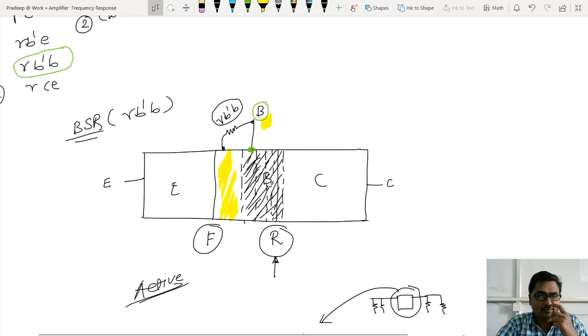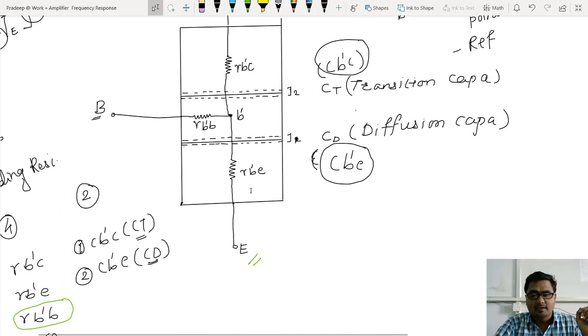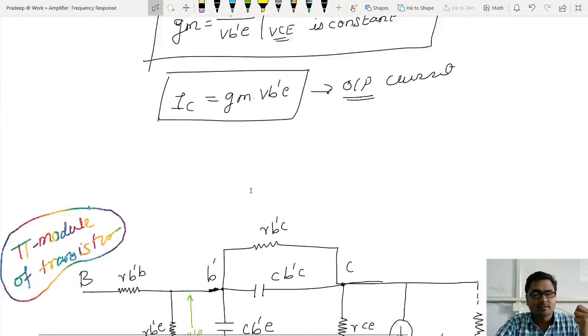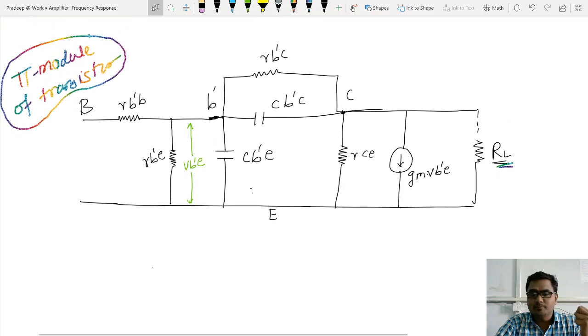We even had a discussion about the base spreading resistor rbb'. Considering all of those, we concluded with the high frequency pi model of a transistor. That model I'm going to use to analyze the transistor at higher frequencies.